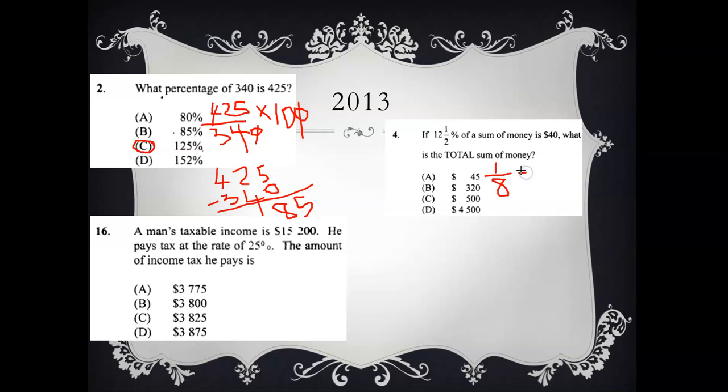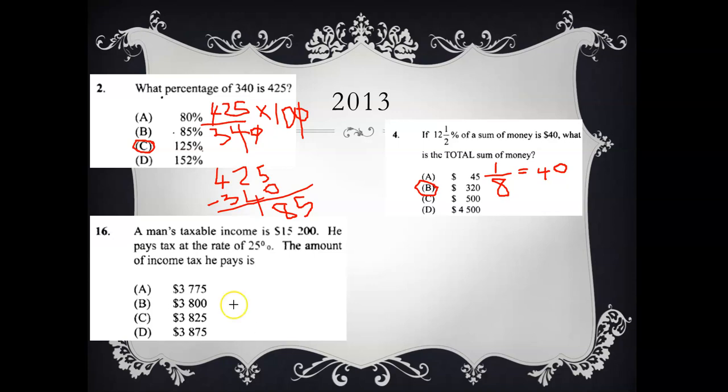So 1/8 is equal to 40. That means the money was divided into 8 parts and 1 part is 40. So if you want the total parts, it's 8 times 40. And that would give us our answer of B, $320.